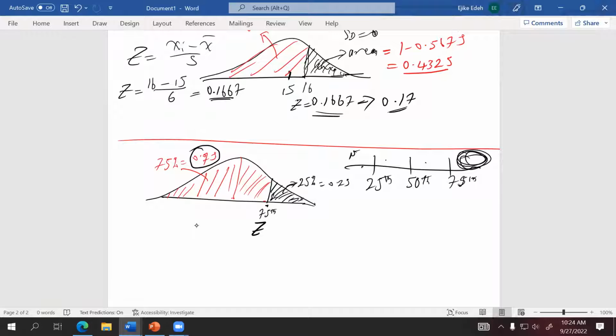Because the area is always shaded from the left tail coming up. So even though your interest is the number at this point, we want to get a Z value at this point, so we're going to use 0.75 on the table. So go to the table.